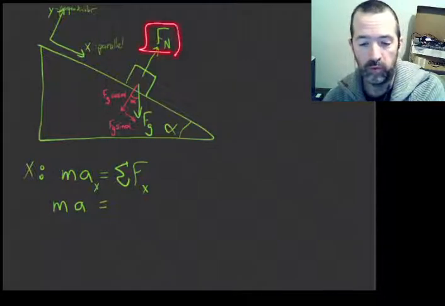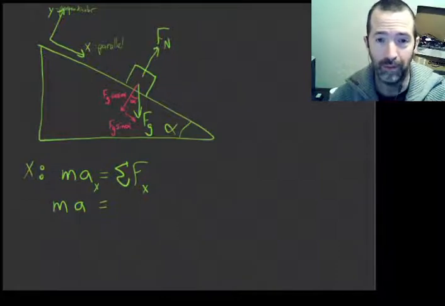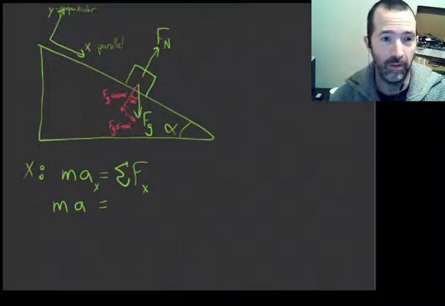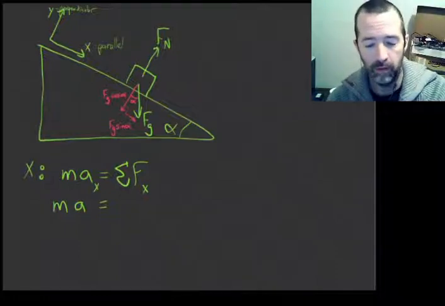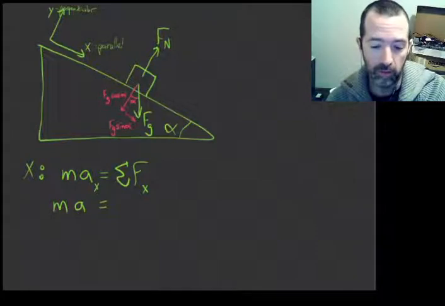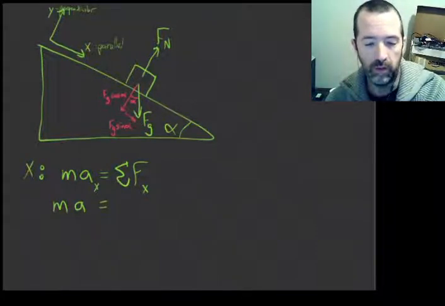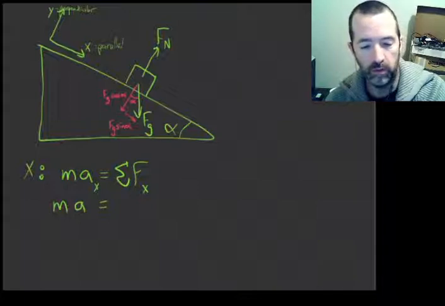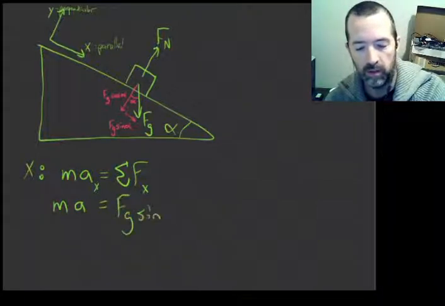There's the normal force, but that one doesn't have an x component because I set up my coordinate system in a way that the normal force points in the y direction only. The other force is Fg, and Fg does have an x component, which is this side down here. And I figured out from the geometry that that is Fg sine alpha.